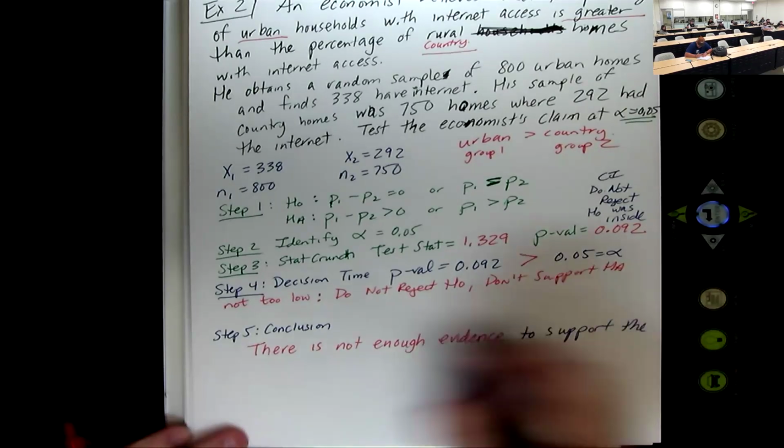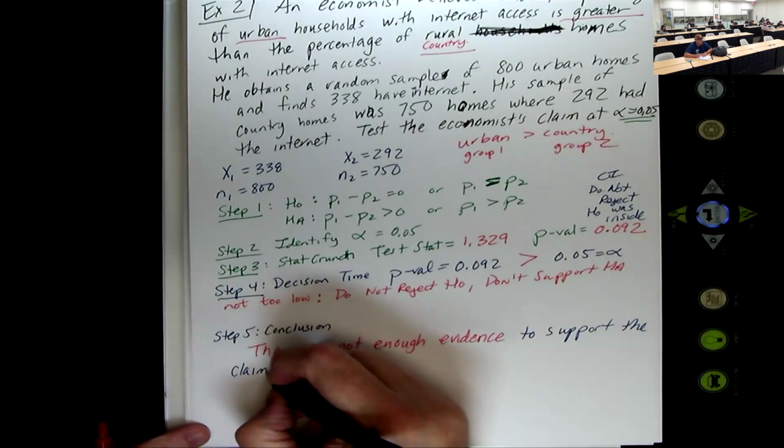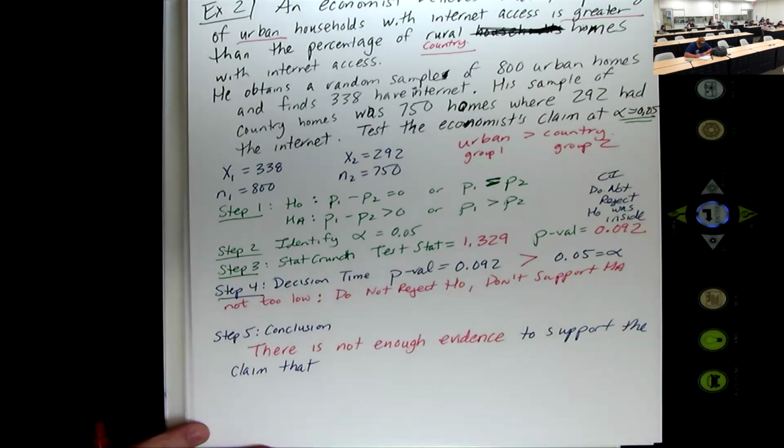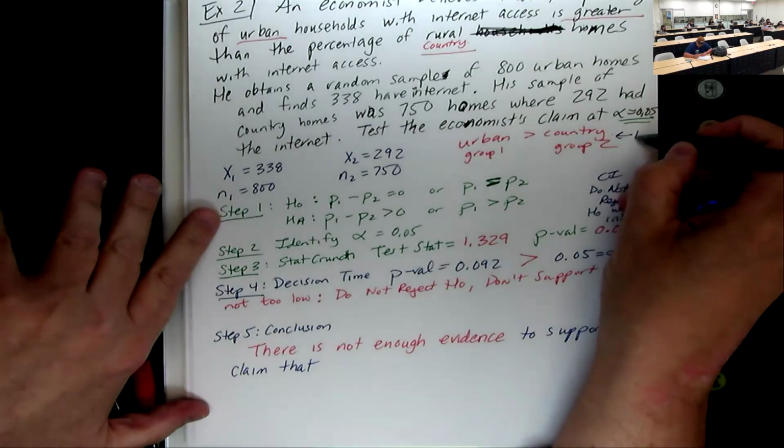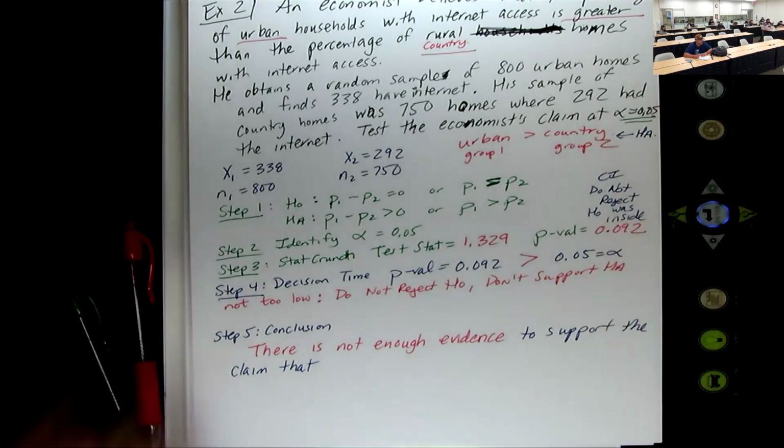And I'm gonna look up here, this was my HA: urban was greater than country.